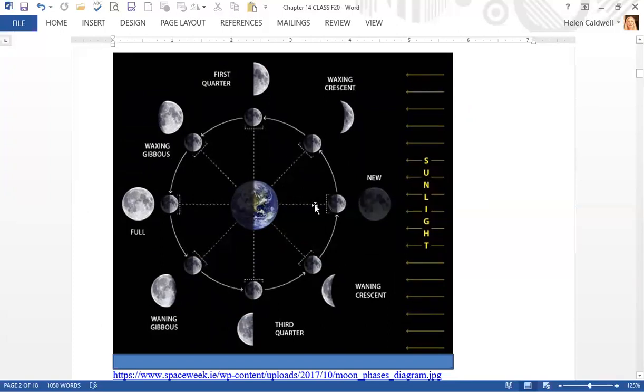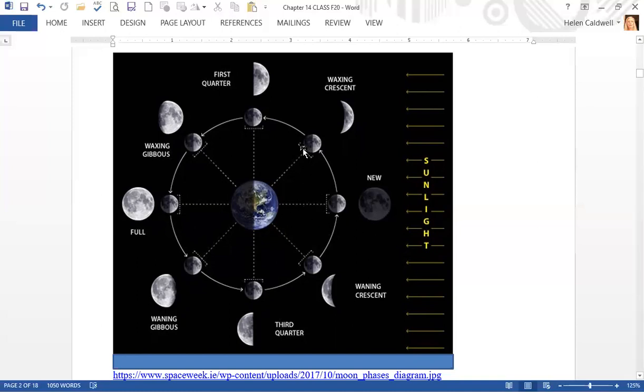And so if you were in a spaceship and you could fly around the moon and completely circle it, you'd be able to see the sunny side. But from Earth, we see the dark side. And so a new moon pretty much looks really dark. You might see a faint outline, but not very much.